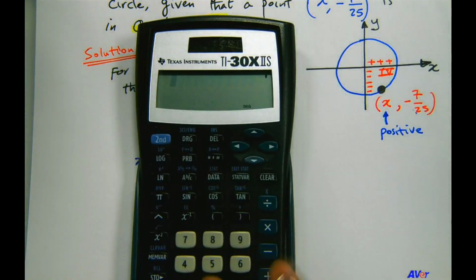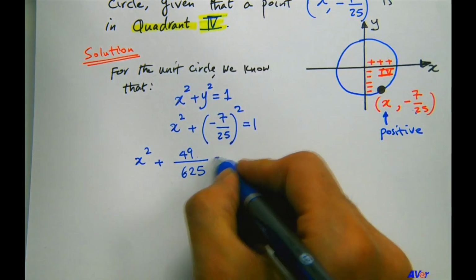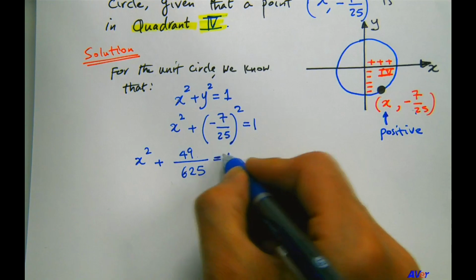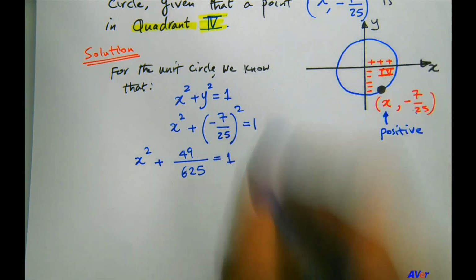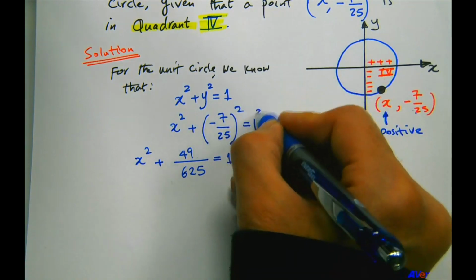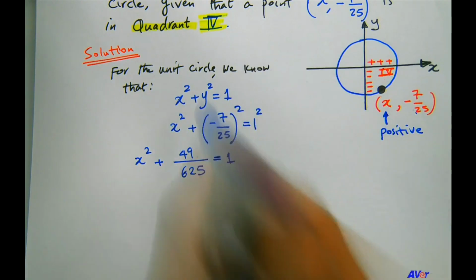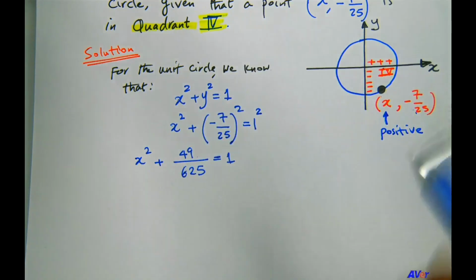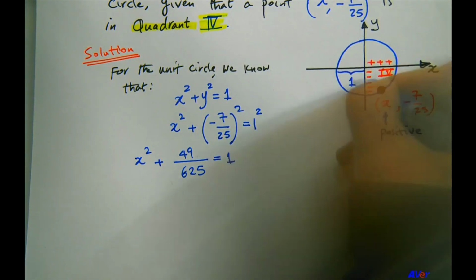So 25 squared is 625. And that equals 1, since 1 squared is 1. That's the radius squared. It's a unit circle, so we know that this is just 1.